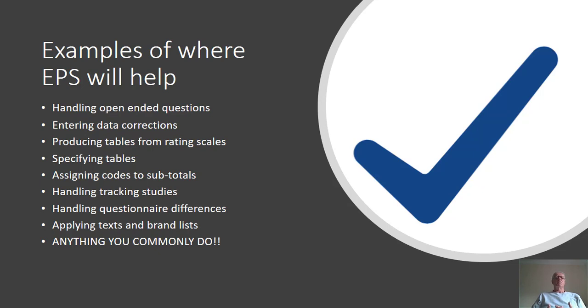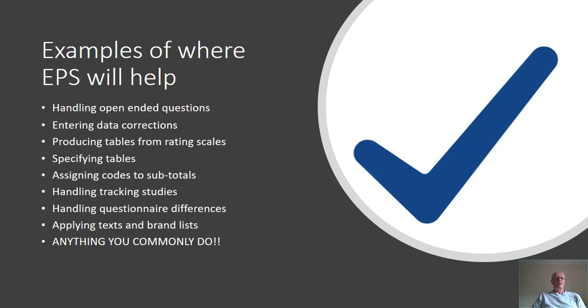And tracking studies work really well in EPS templates. Tracking studies are notorious for having little changes from quarter to quarter or wave to wave, and they can all be documented nice and tidily in a spreadsheet, which makes it very easy to go back to maybe in 2 years' time to see what's happened in the tracking study and which questions are present and missing perhaps at particular waves.